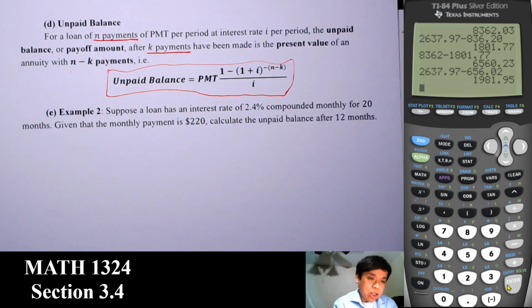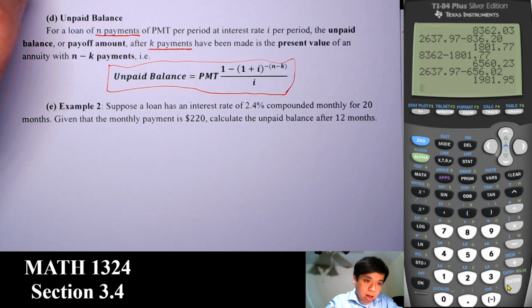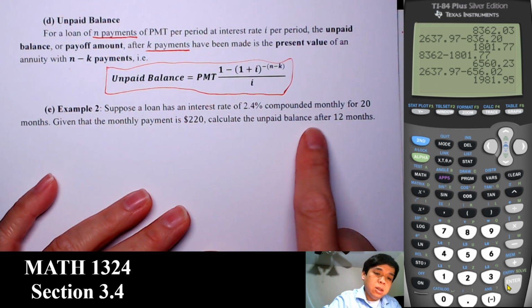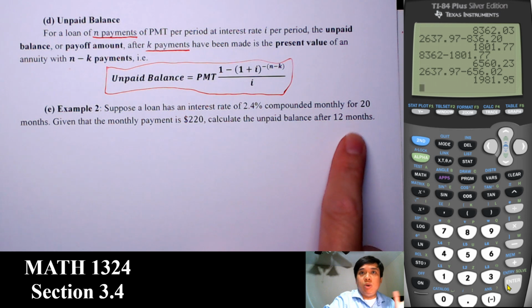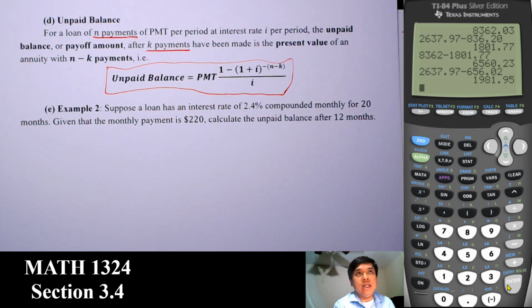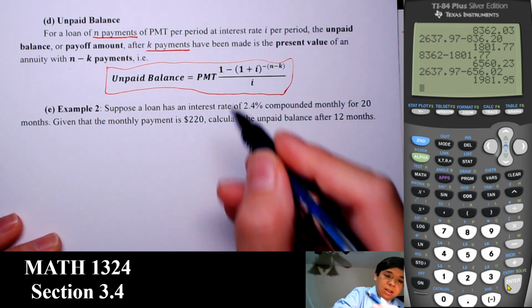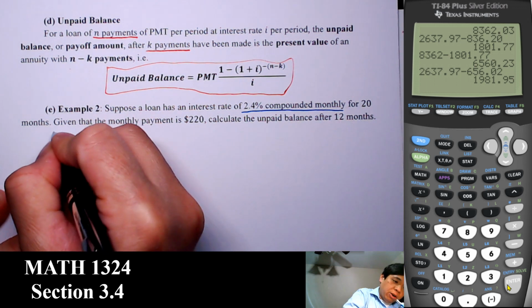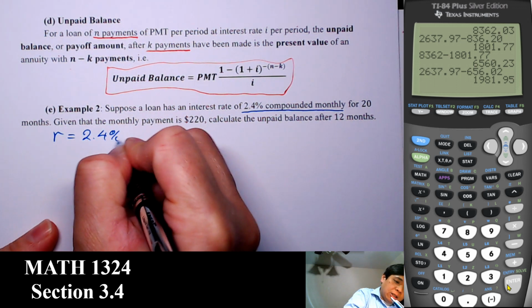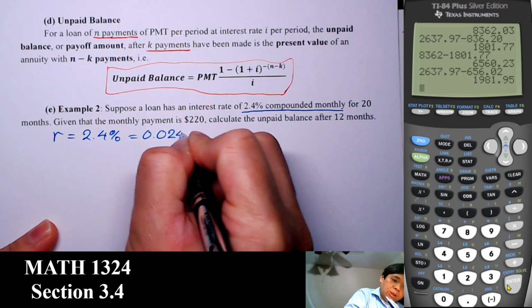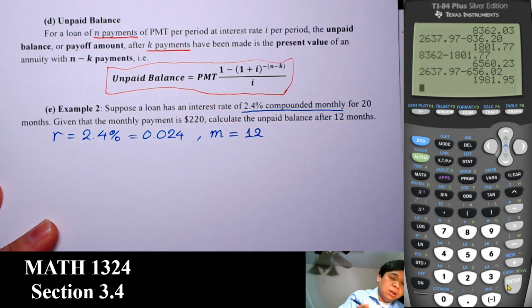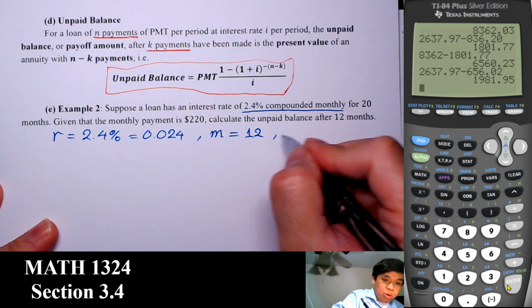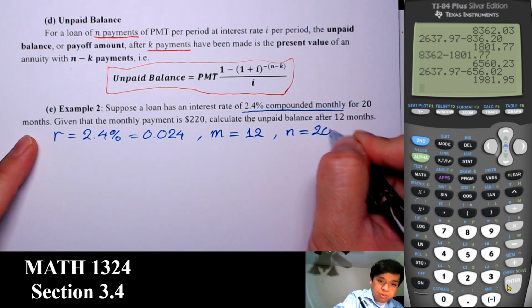So this is to be paid off in 20 months. But we decide after 12 months, after 12 payments, we want to pay off that. So what would be the unpaid balance? Right, so we have here the rate compounded monthly, so r is 2.4% monthly, for 20, so n is equal to 20 months, 20 payments.